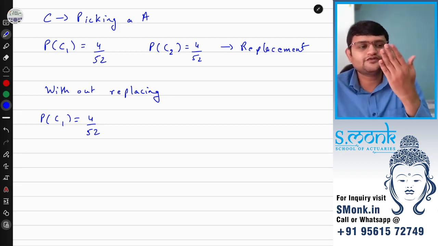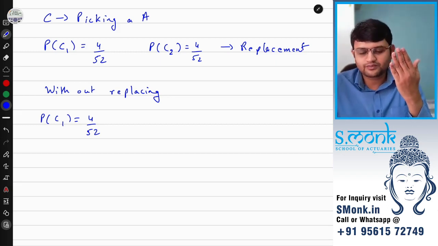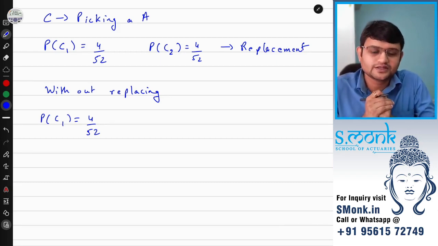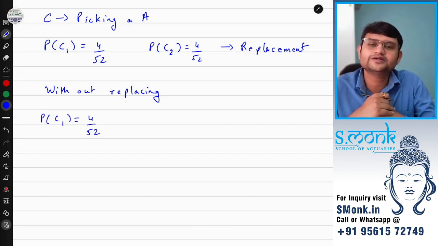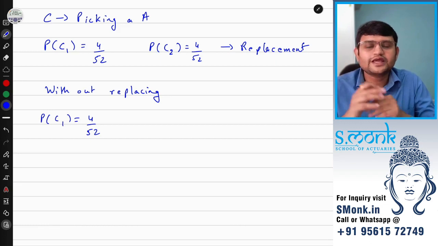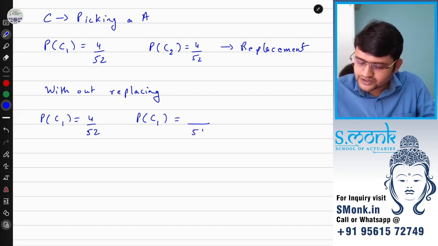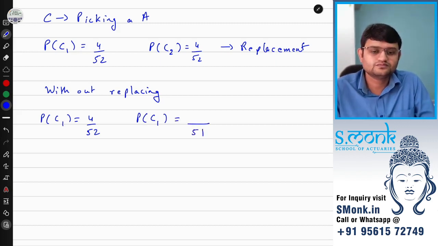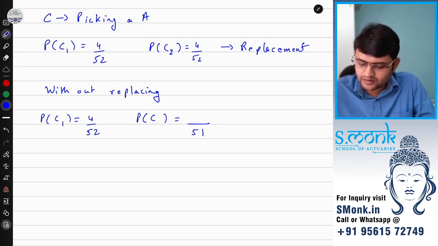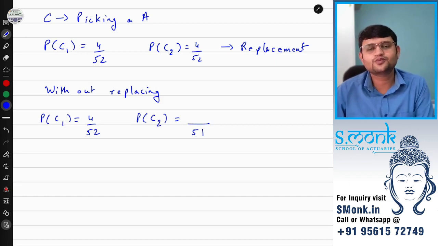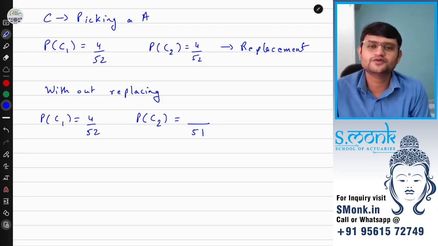But if I see the first card and then pick a second card without putting the first card back in, that means without replacing, first of all, in the deck there are only 51 cards now, right?